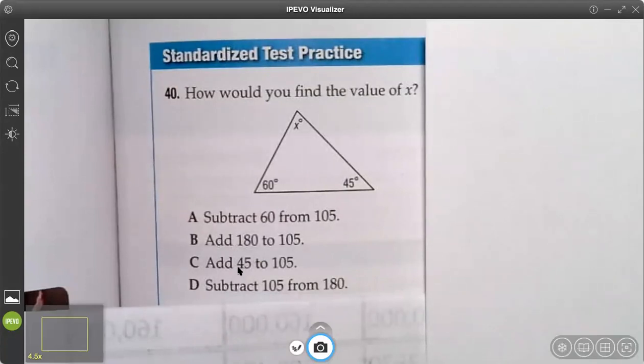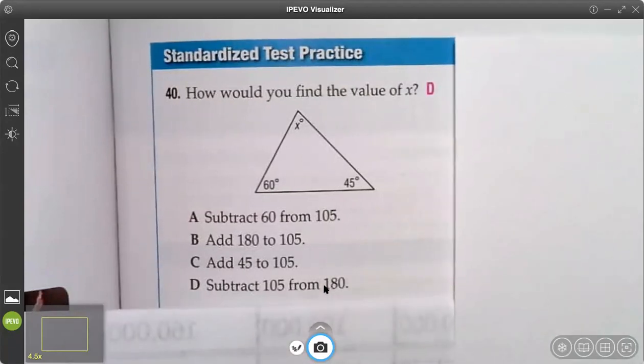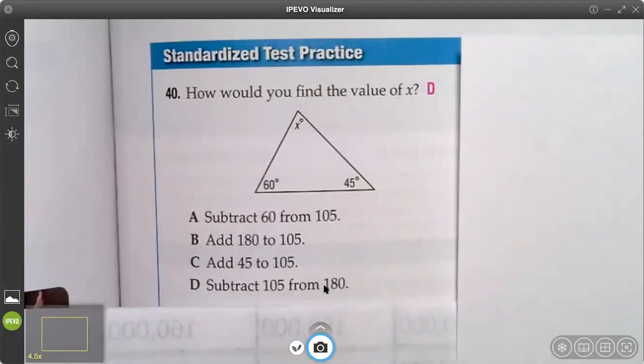That's impossible. Add 45 to 105, no. Subtract 105 from 180. So they assume that you added 60 plus 45 first to get 105, then you could subtract that from 180. So the answer is D. Or you could have just said 180 minus 60 minus 45 equals, and it would have also given you the right answer.